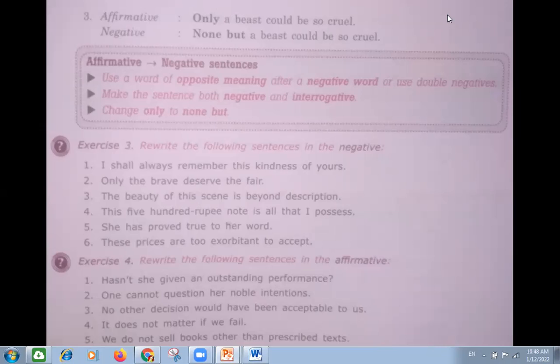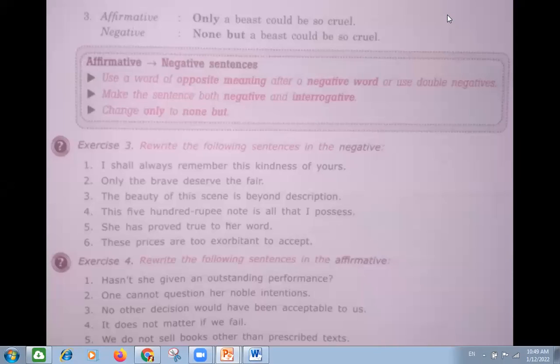That's absolutely correct. Sanchi, you need to understand that the noble intentions we need to keep. So the answer by Vansh is absolutely correct: her noble intentions are unquestionable. You need to see what we are doing here.